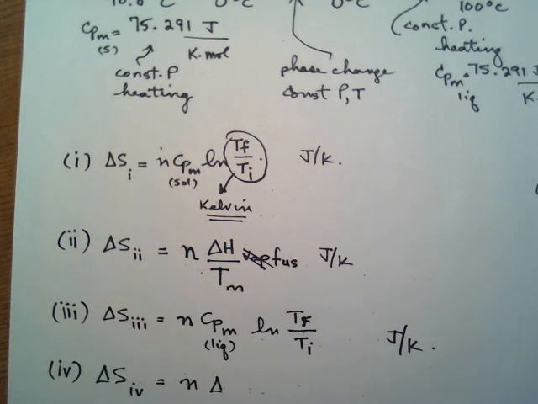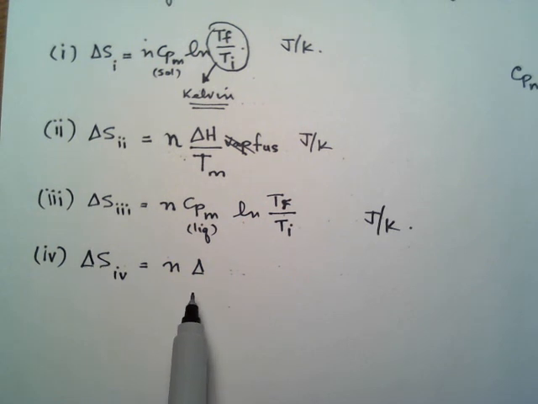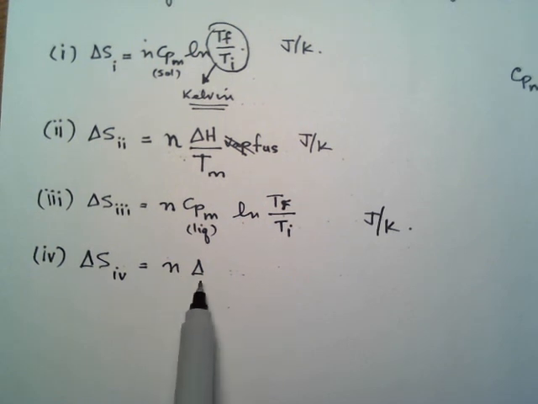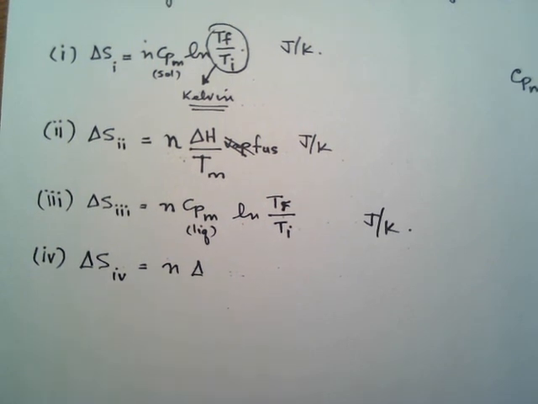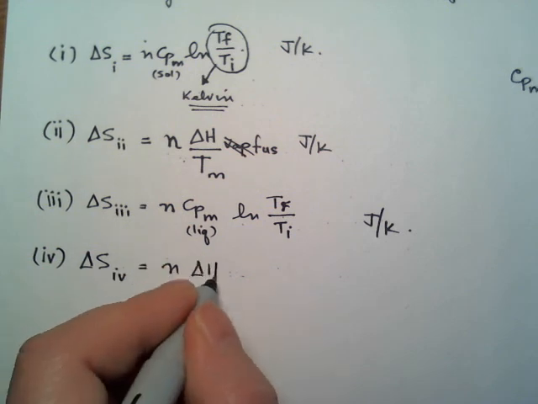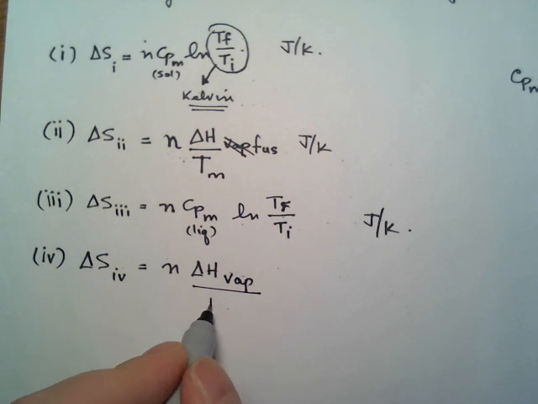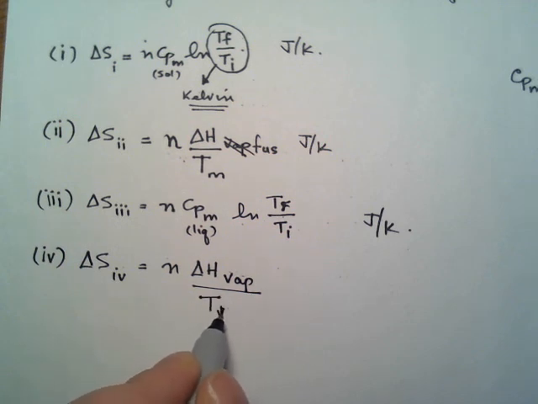And then this phase transition, we're not boiling water at 0, but we'll boil water at 100, so that's where this one is. Now it's delta H vaporization over T boiling, if you like.